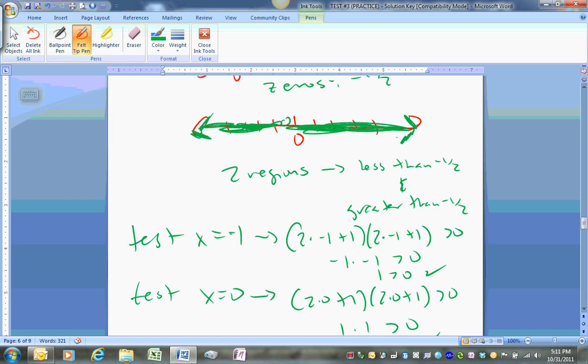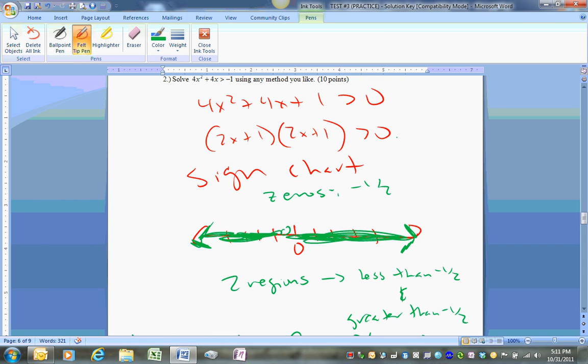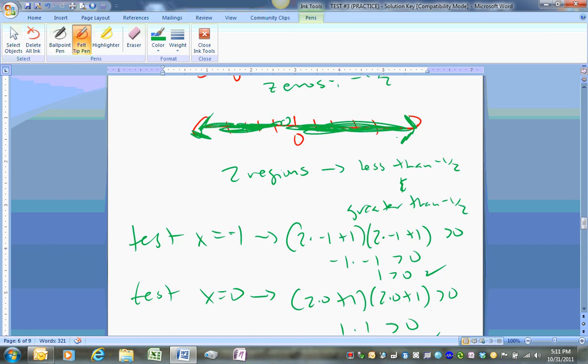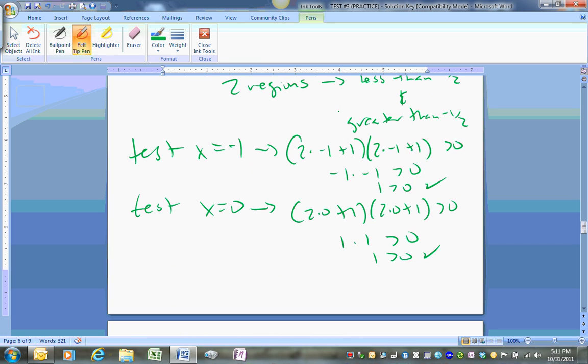Anyway, so everything works except for -1/2. You can't plug in -1/2 because then you get exactly 0, and remember, there's no equal sign here. So it's going to be all real numbers except for -1/2. Or you could say x is less than -1/2 or x is greater than -1/2.